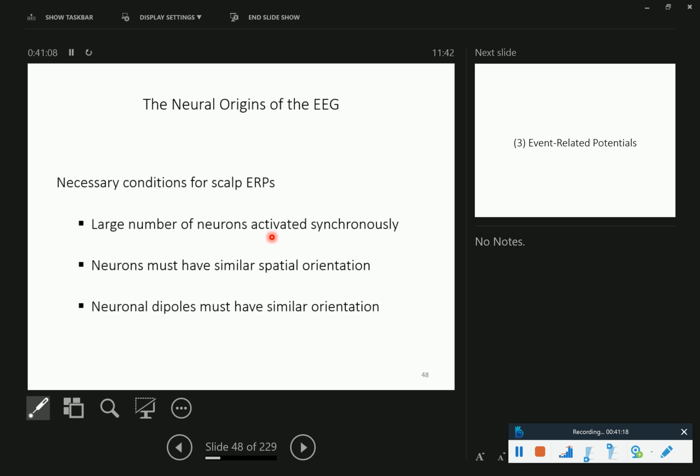So it needs to be many neurons. They need to have the same spatial orientation, as we've seen from these closed field configurations for brainstem nuclei, which just physically cancel each other out. And the same thing essentially says that the neural dipoles must have a similar orientation. Yeah? So it's fairly simple.